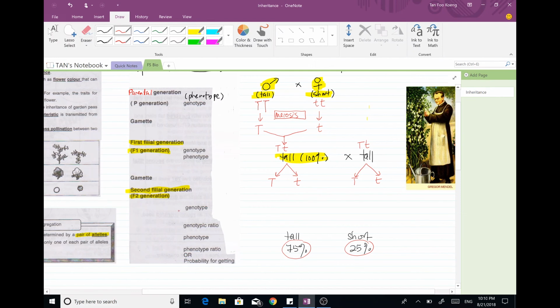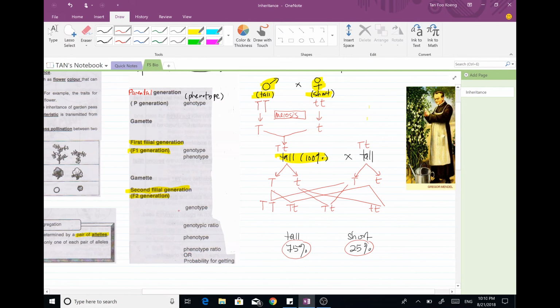Of course, fertilization will have to take place. So these two will give you capital T and capital T. The fusion between capital T and small letter t will give you this combination. Now this might also combine with this to give you this genotype. And let's just complete the random fertilization.